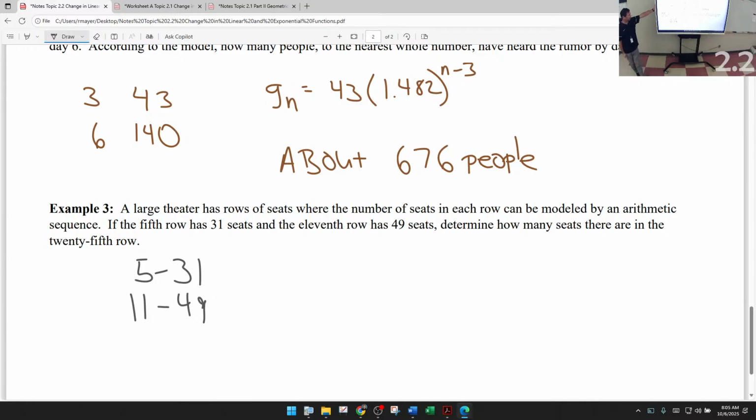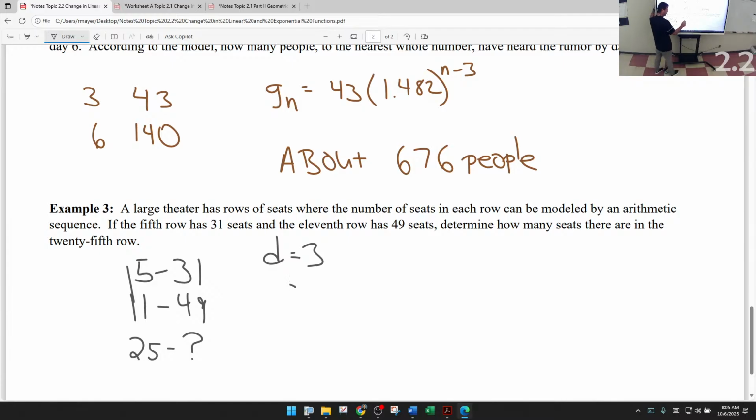Determine how many seats there are on the 25th. So what we got, 18 and 6. D is 3. Difference here, divide it.